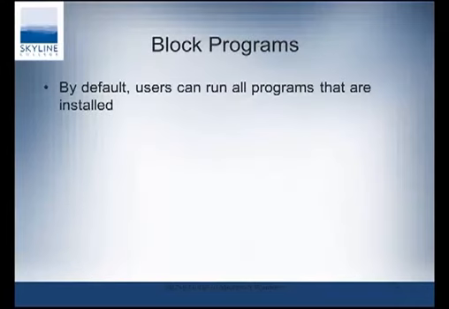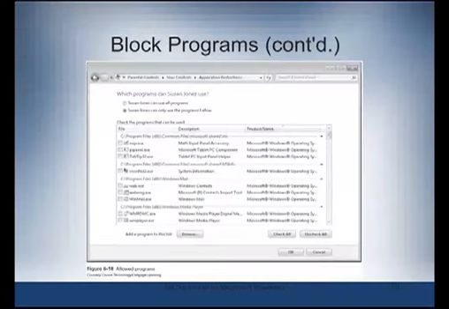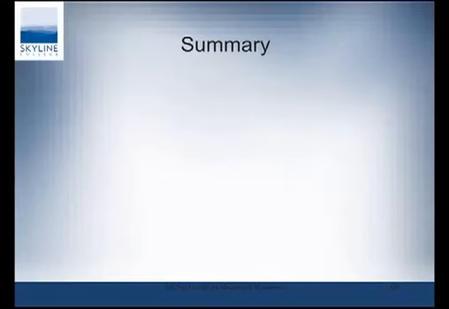Block programs, by default, everybody can run everything. You can restrict users to running only approved applications, and this can be on an individual user basis. And this, again, is in parental controls, user controls.